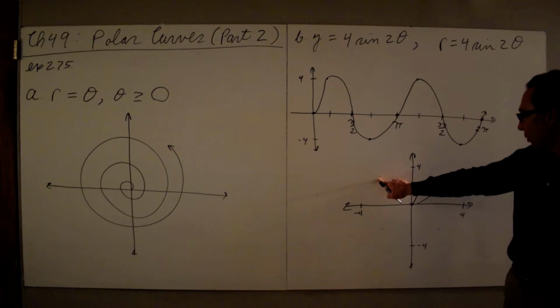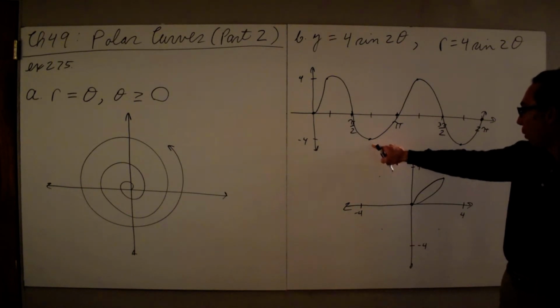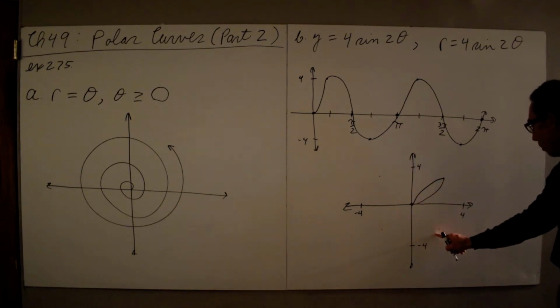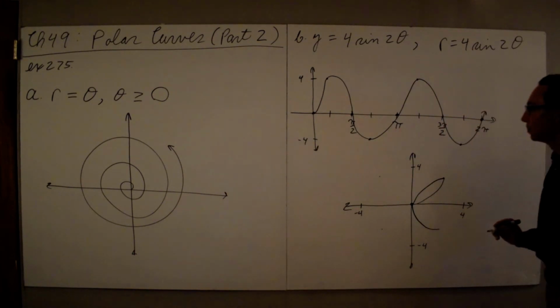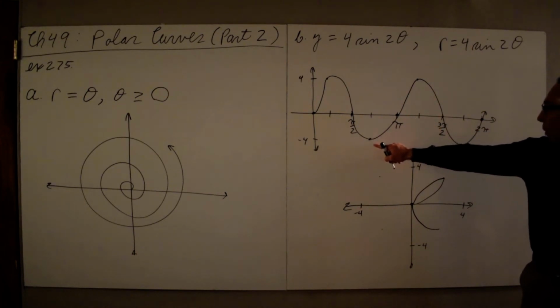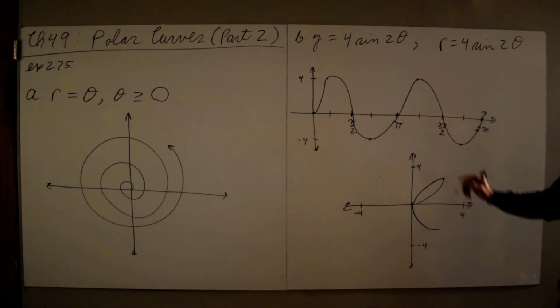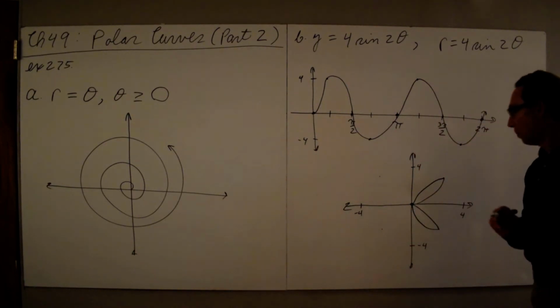But we don't want the point 3 pi over 4. We want the point negative 4, 3 pi over 4. So we come over here to this point, because now our r is negative. As theta increases from 3 pi over 4 to pi, r increases from negative 4 to 0. So r goes back to 0.